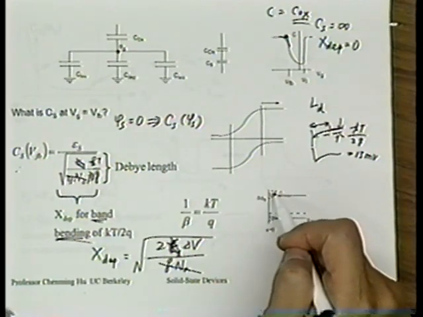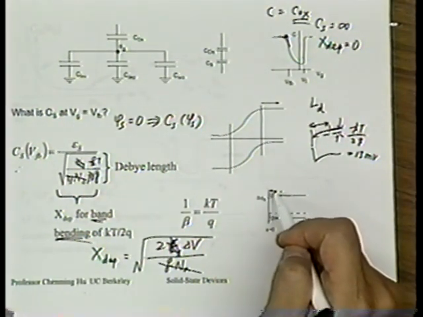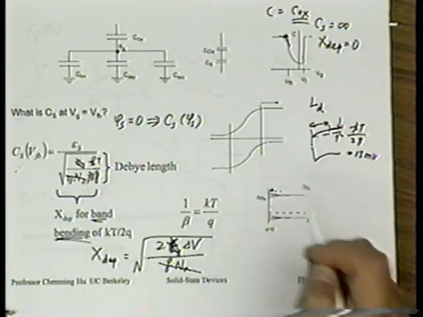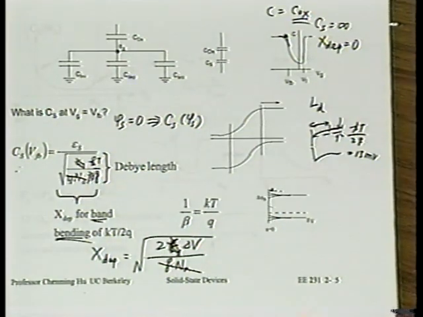Charge is distributed somewhere in this depletion region. It's not right at the surface; no reason for it to be. If you apply the voltage to the surface so that there's a little bending, you have a little charge. Is charge located at the plane x equal to 0? No. There's this finite length, and that length is the Debye length.